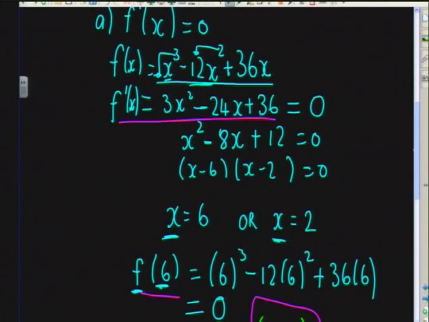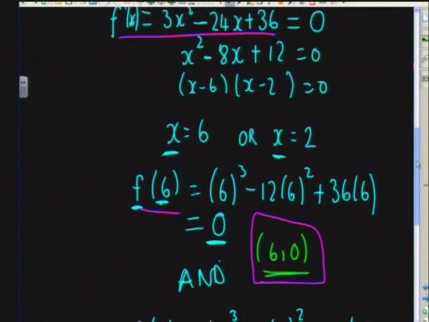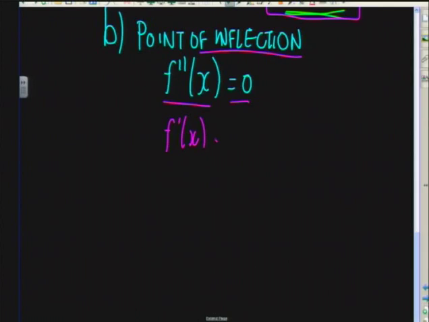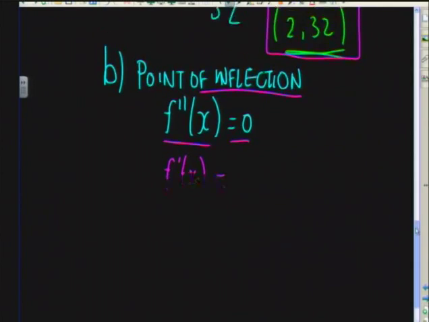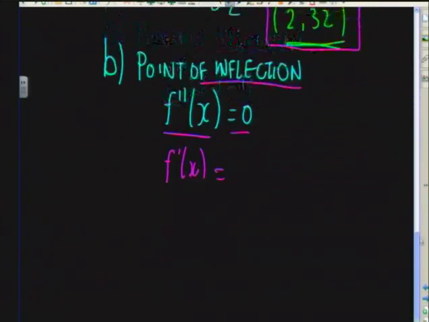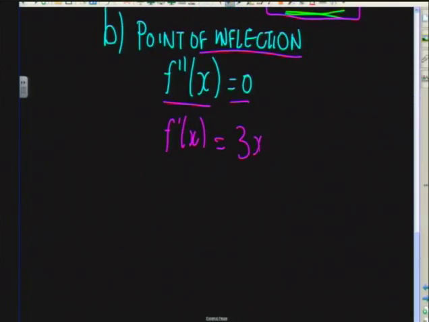Take that first derivative and just derive that. So our first derivative was, let me call it up again, there we go, 3x squared minus 24x plus 36.